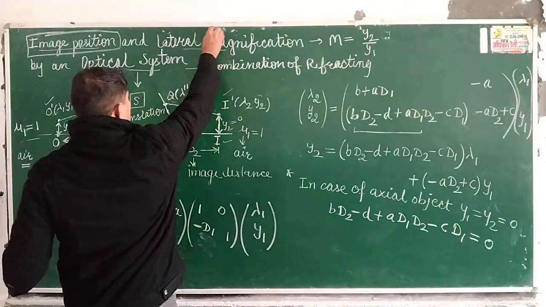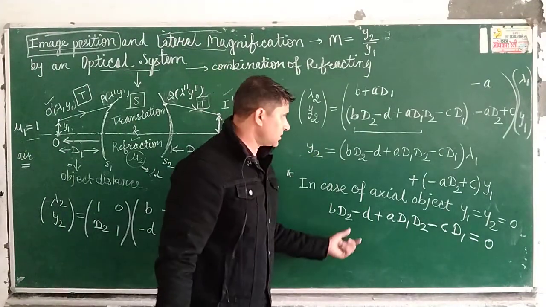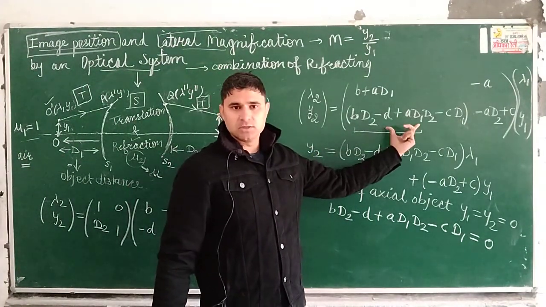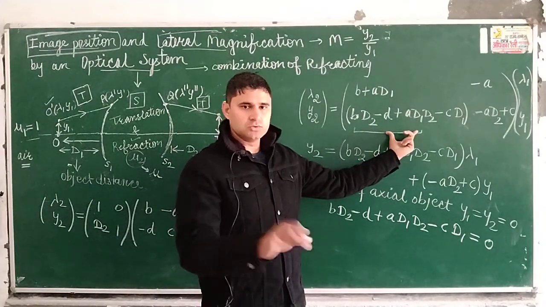Now we are to find a general matrix, and the general matrix can be obtained by putting this element equal to 0.